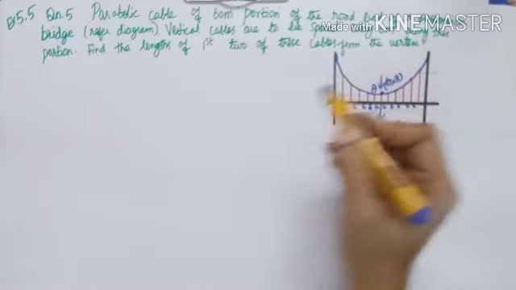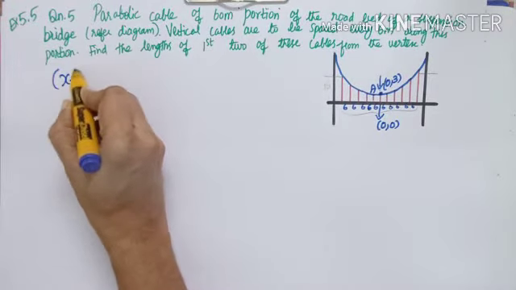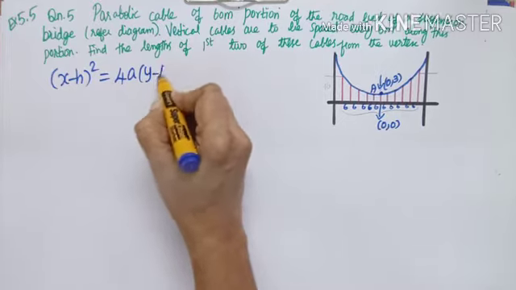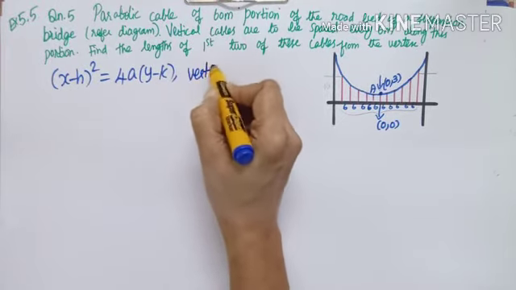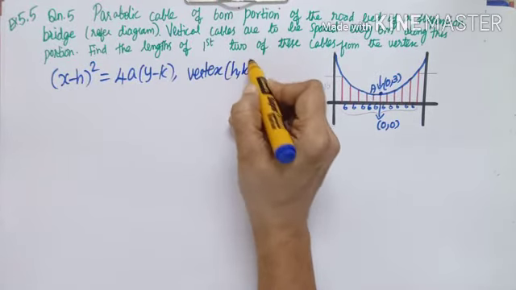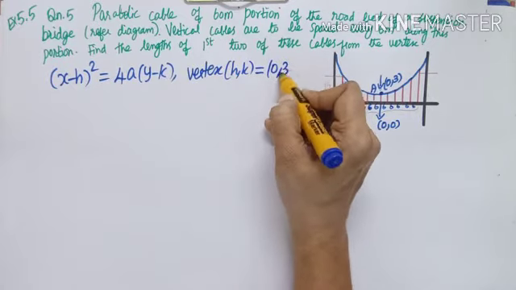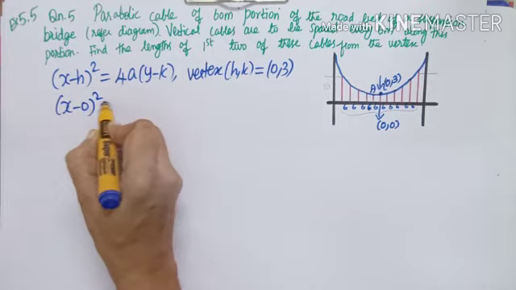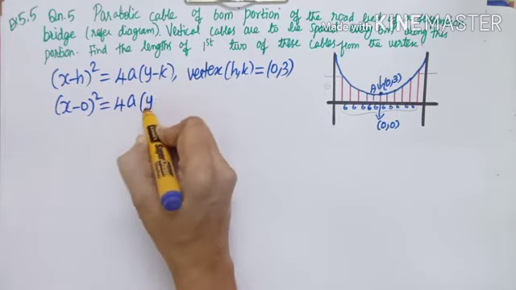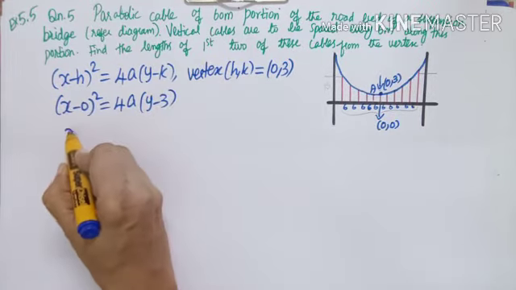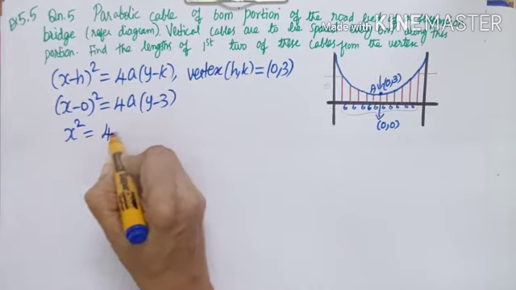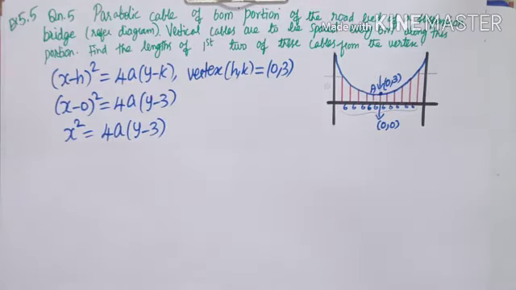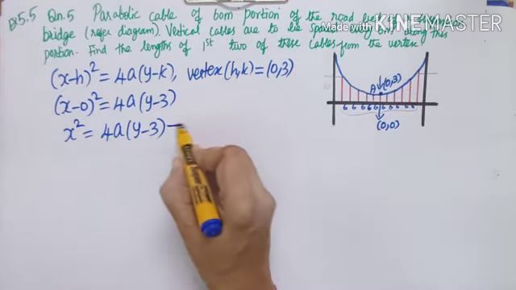Opening upward, how will you write the equation? x minus h the whole square equals 4a into y minus k, where vertex h comma k equals 0, 3. Replacing, x minus 0 the whole square is 4a into y minus 3, or I write x square equals 4a into y minus 3. First part of the question is over.